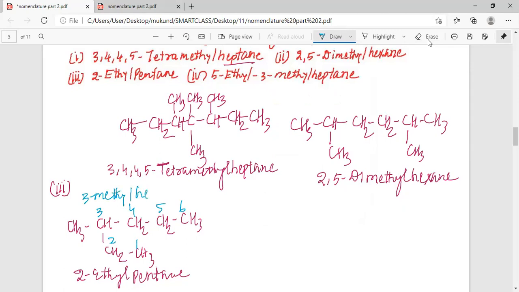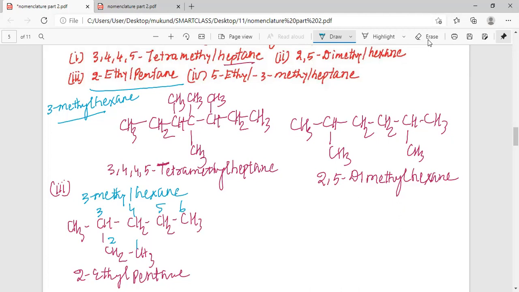That is the correct name we should give. So it's a mistake in the question. It should actually be 3-methyl hexane. So 2-ethyl pentane is nothing but actually 3-methyl hexane.